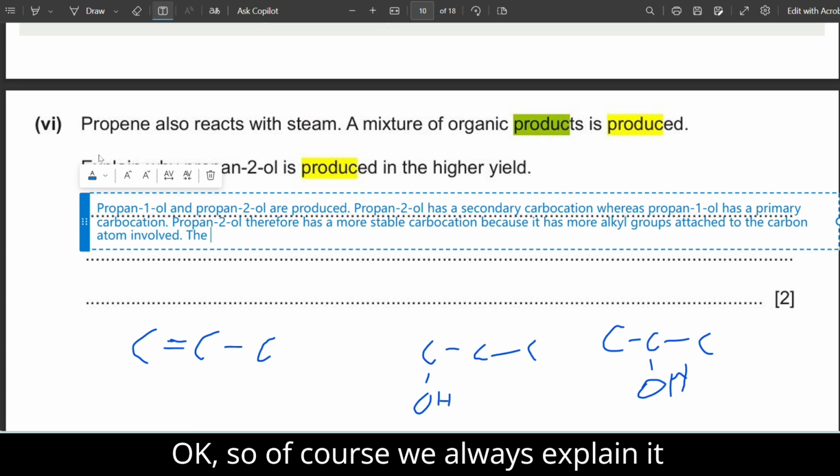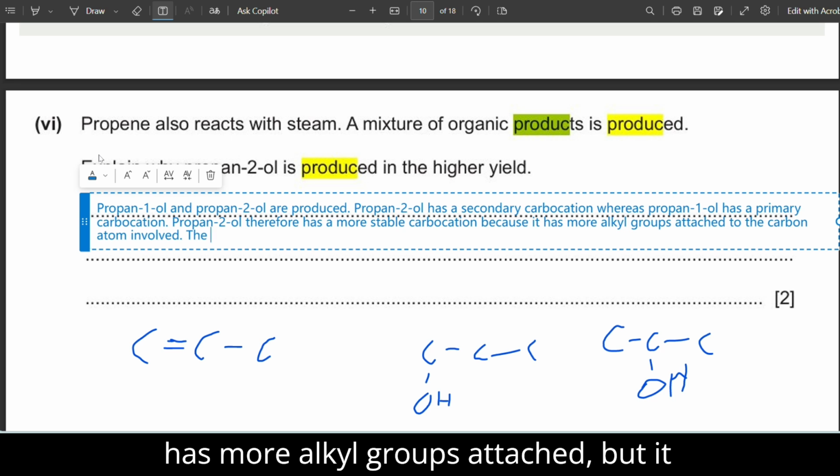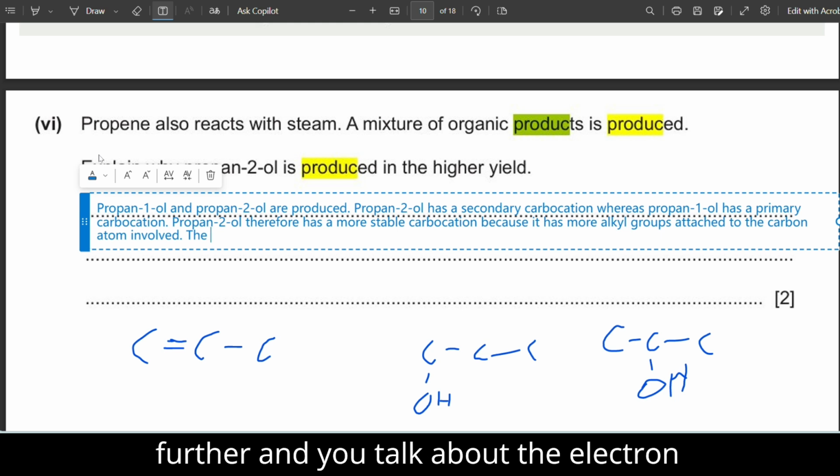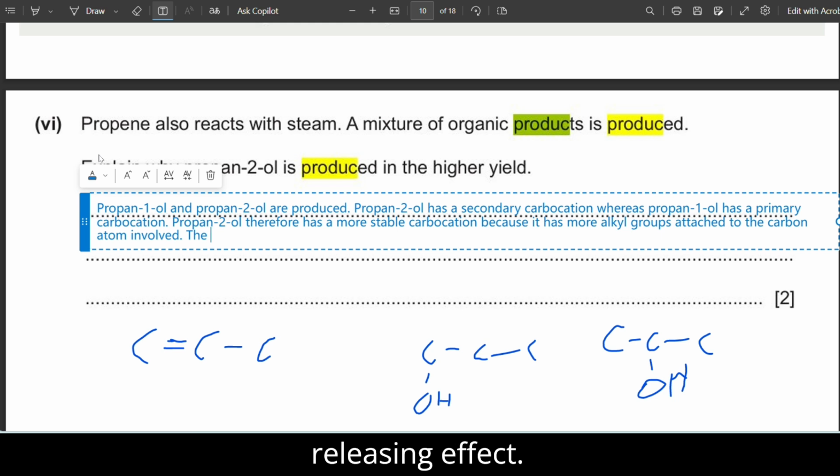Of course we always explain it has more alkyl groups attached, but it'll also help if you go a little bit further and talk about the electron releasing effect.